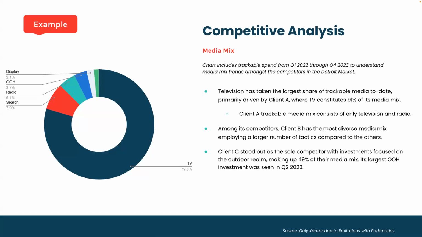So part of the competitive analysis, as mentioned, is the understanding of what products they're allocating their budgets to. So you can see this is just a snapshot that showcases that this specific industry and their competition is putting a ton of dollars into TV, a little light on search, radio, outdoor. As you can see, these analyses aren't meant to just be digital. It could also have linear products included.